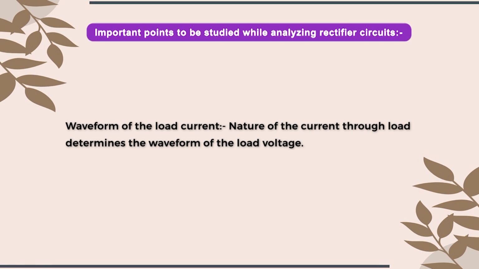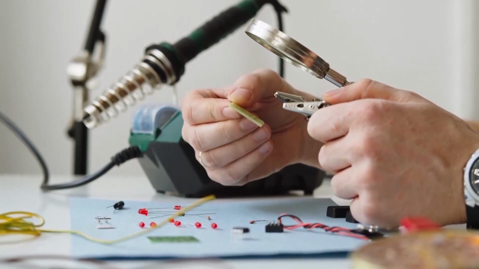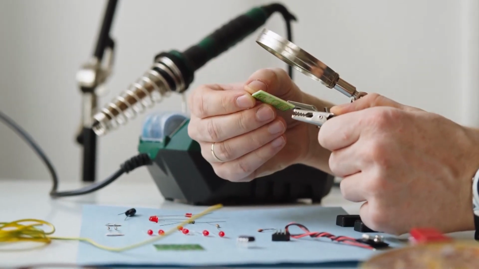Here the waveform of the load current is very important, as the nature of the current through the load determines the waveform of the load voltage. It means, depending upon the type of load connected with the semiconductor device or the rectifier circuit, the waveform of the load current changes.